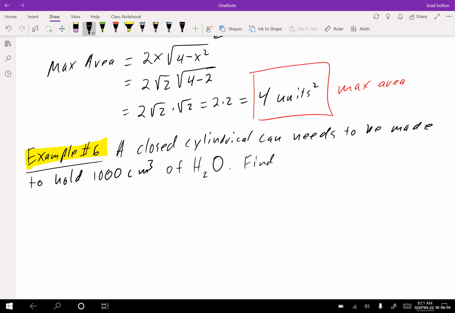Find the dimensions R and H that minimize the surface area.